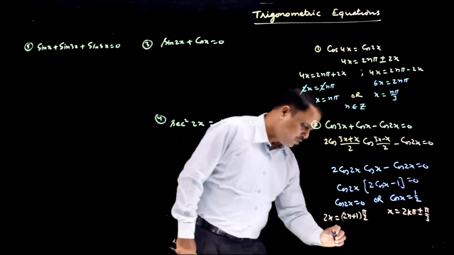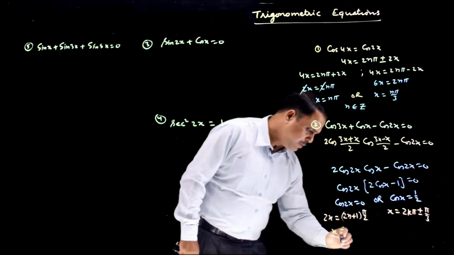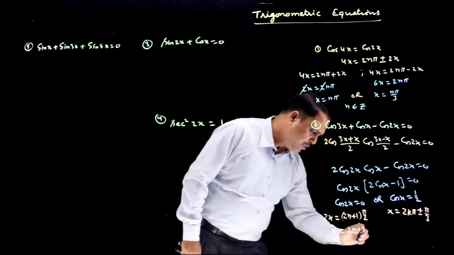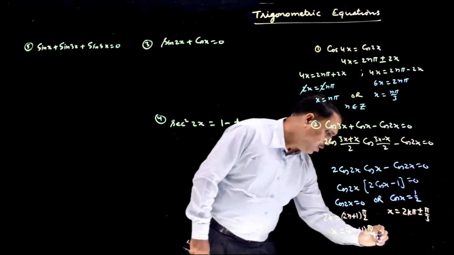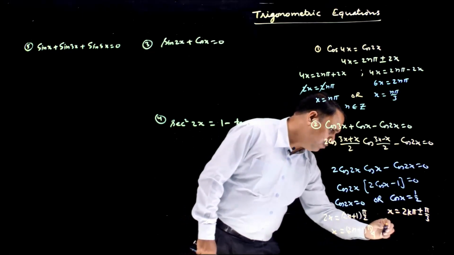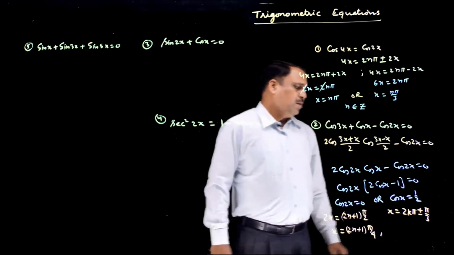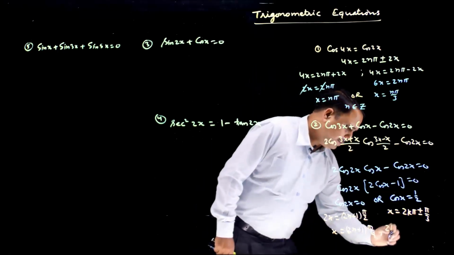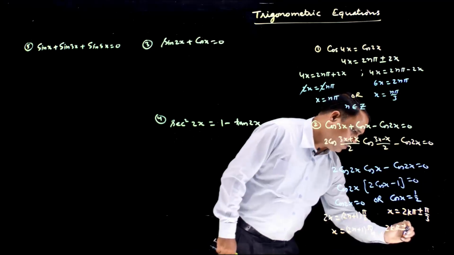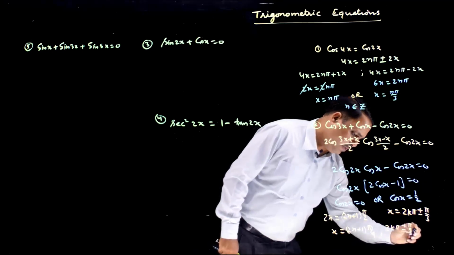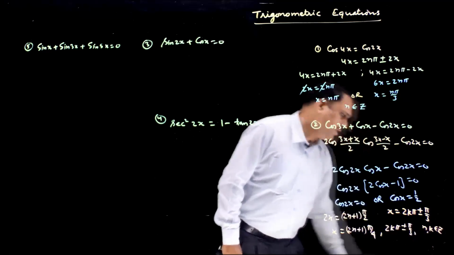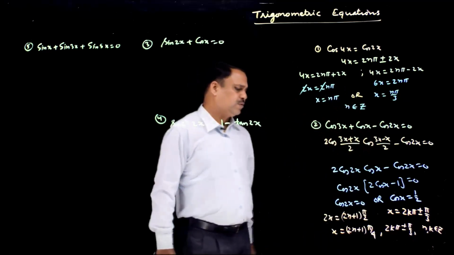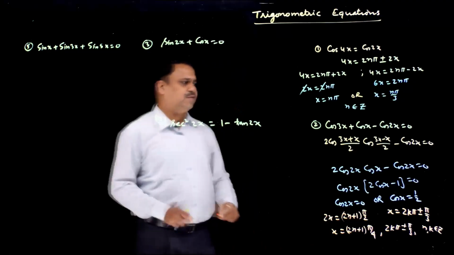So x is equal to (2n plus 1) into pi by 4, or x is equal to 2k pi plus minus pi by 3, where n and k belong to set of integers, both. So either this or that is the result of this.